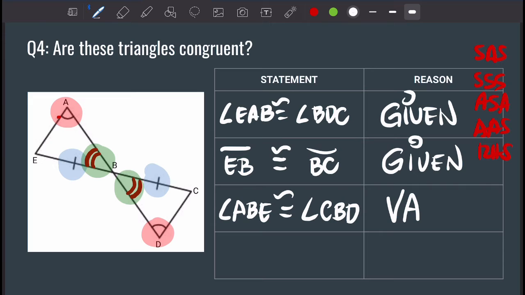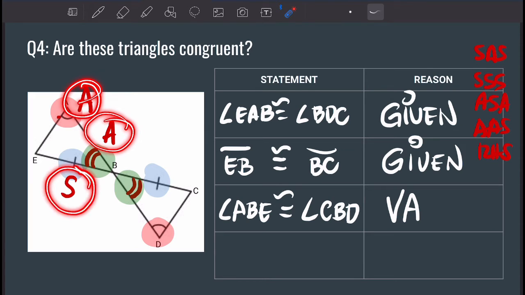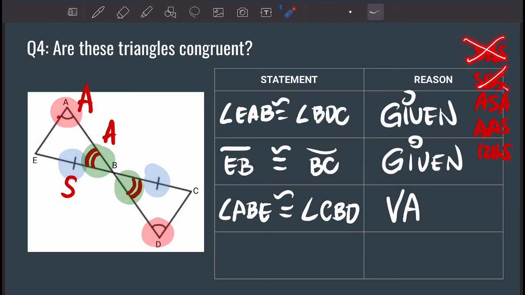So what do we have now? We have an angle, we have an angle, and we have a side. So let's see, what do we have? Angle, angle, side. Not side, angle, side. Yes, angle, angle, side.